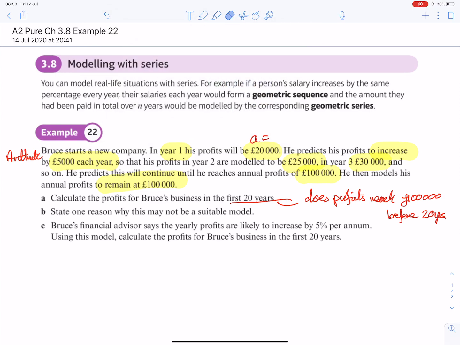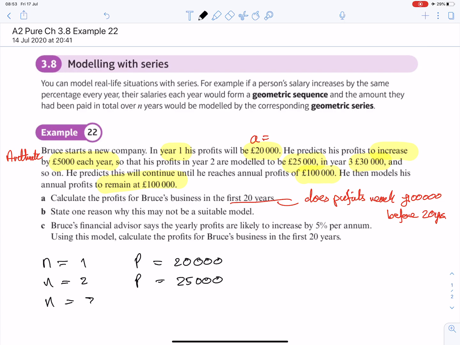So these are usually best started by lifting out some information. So when n equals 1, profit is equal to £20,000. When n equals 2, profit equals £25,000.